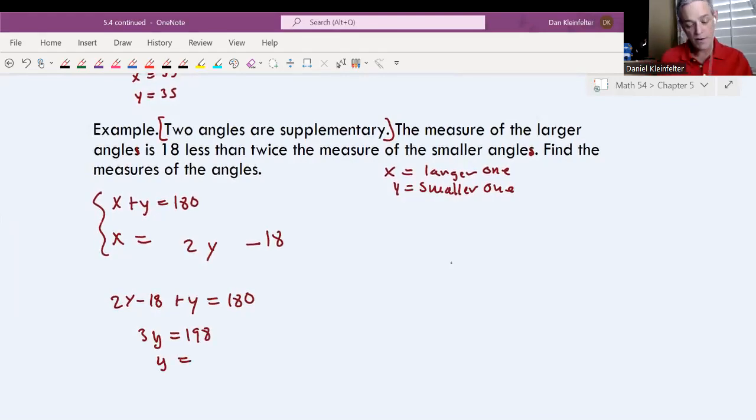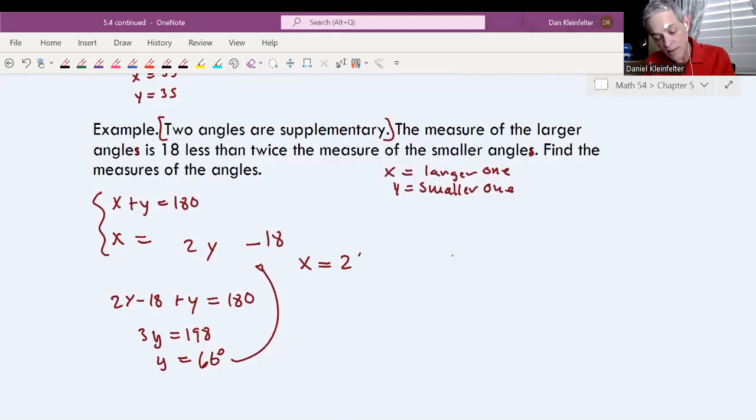And so dividing by 3, yep, 66. So y is 66 degrees. Then we can back substitute to get the value for x. So x will be 2 times 66 minus 18.